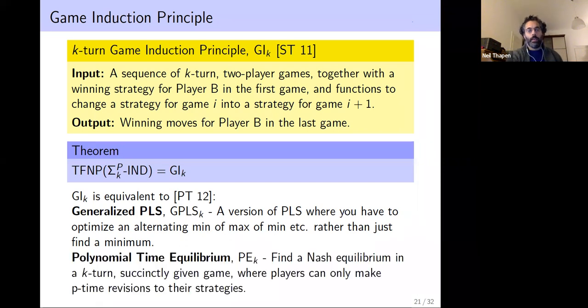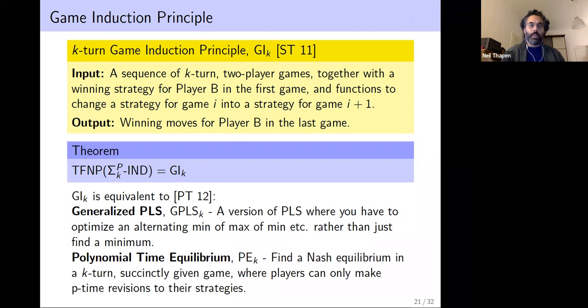Here's another equivalent statement. It's a Nash equilibrium question. It's about a succinctly given game with k turns and 2 players. A player can have a strategy and then score something, and the other player has some strategy.